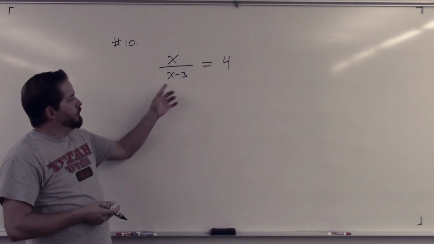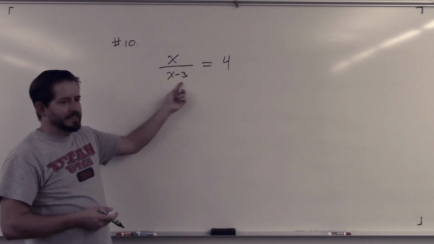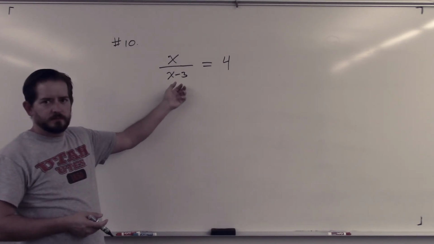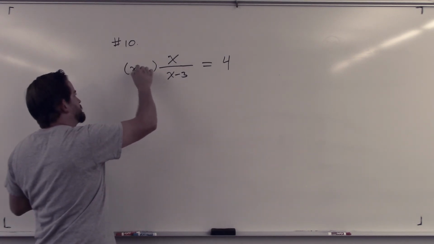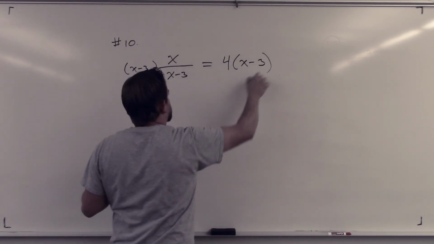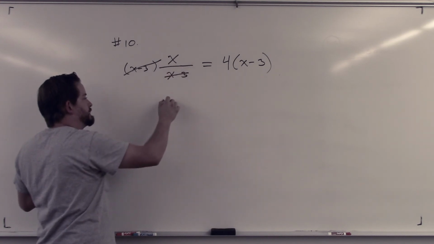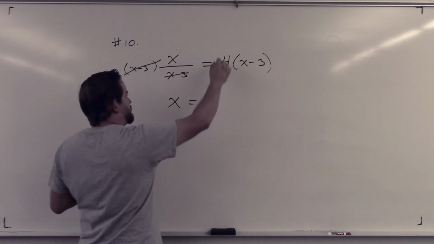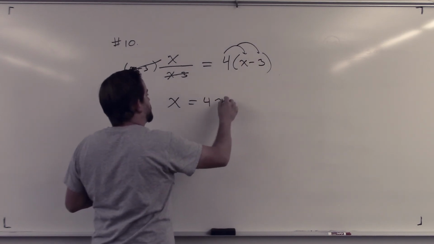So I want to clear my fraction, so I'm going to multiply by the denominator, and that denominator is this x minus 3 expression. So I will multiply both sides by x minus 3. X minus 3 there, x minus 3 there. The x minus 3 cancels over here, leaving me with just an x. The 4 is going to distribute on the right-hand side to give me 4x minus 12.